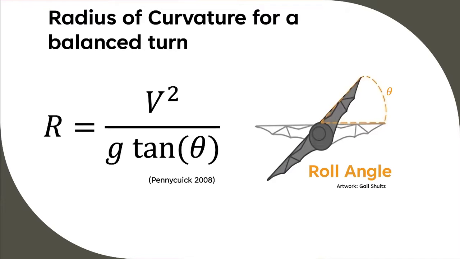When it starts rolling more, it creates a much tighter turn. I think we can all draw some intuition from this with just paper airplanes. If you've not played with one yourself, you've probably seen other people playing with them. If you manage to throw a paper airplane completely level, it just flies forever, right? But the moment that it starts turning and it gets really sharp is when it starts that death spiral downward.